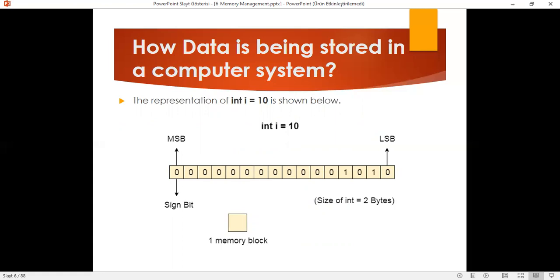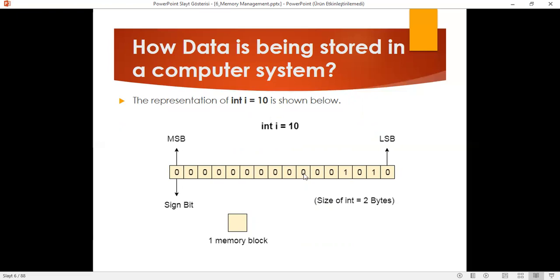If you want to store the integer value 10, because of integer, when we say integer to the compiler, in old operating systems it arranges 16 bits, 2 bytes of space.